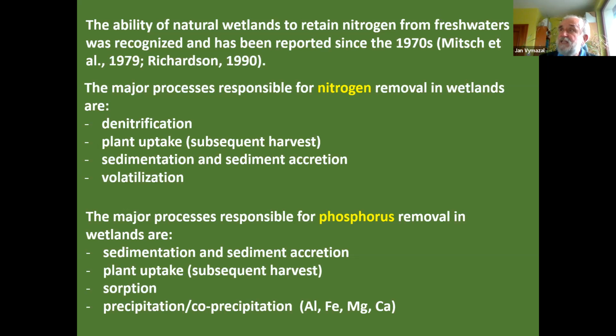There is quite a difference between retention of nitrogen and phosphorus in terms of processes, because most processes responsible for nitrogen removal are microbiological. However, the major processes responsible for phosphorus retention are chemical or physicochemical.